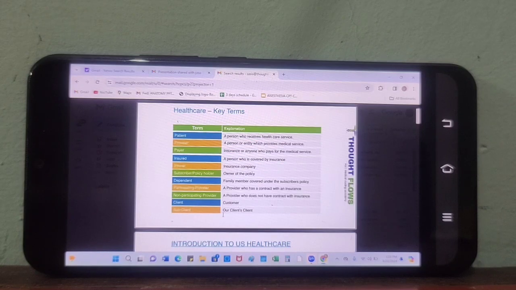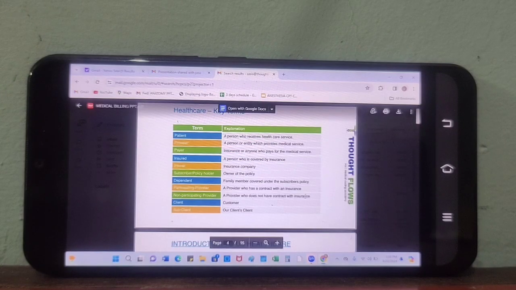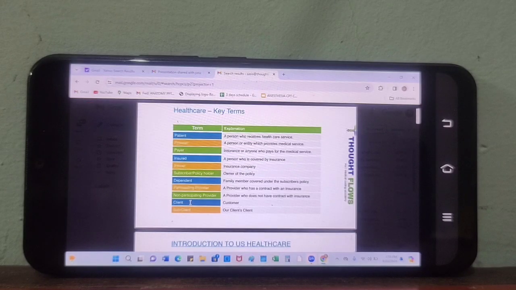For that provider, the insurance company will not give payment, because that provider has no contract with that particular company. They are not their client. So providers who have a contract with that insurance company are called participating providers.